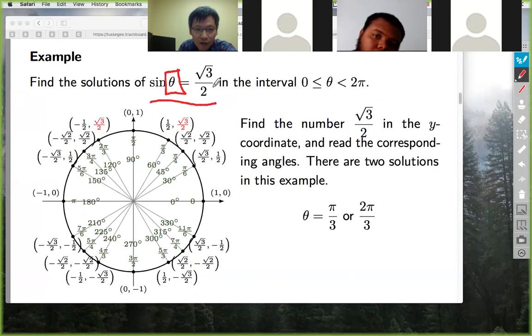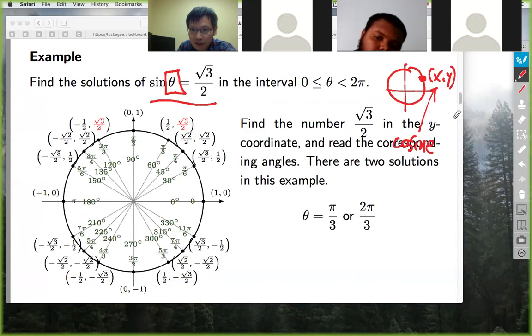One way to find the angle is to use the unit circle and look it up. This is one of the special values of sine. As you know, in the unit circle, if you have x comma y, x corresponds to the cosine value, and y corresponds to the sine value. So to solve a sine equation, you have to look at the y coordinates.